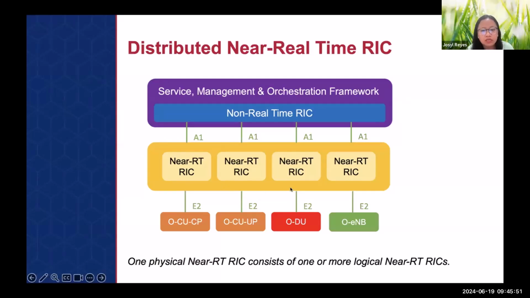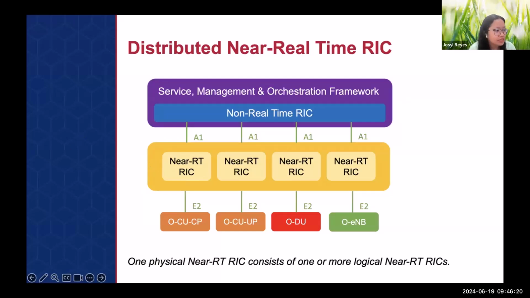Or maybe this physical RIC here is a set of servers, parang multiple servers functioning as one big near real-time RIC. So that's also possible. Depende na lang dun sa magma-manage, kasi mga virtualization engineers, they can manage it depending on the use case, ano yung kailangan.